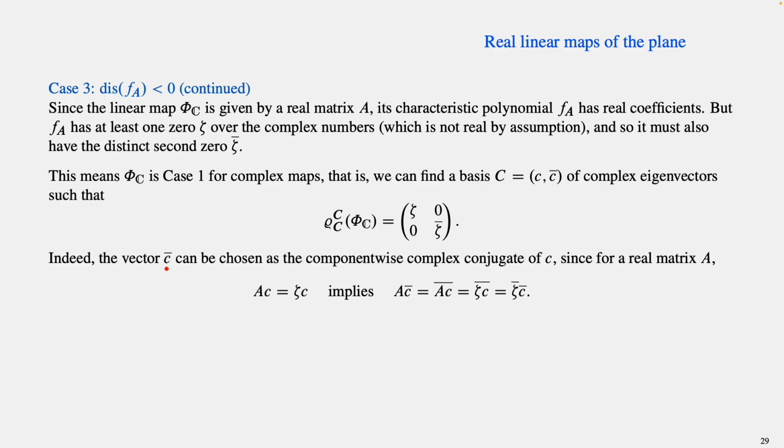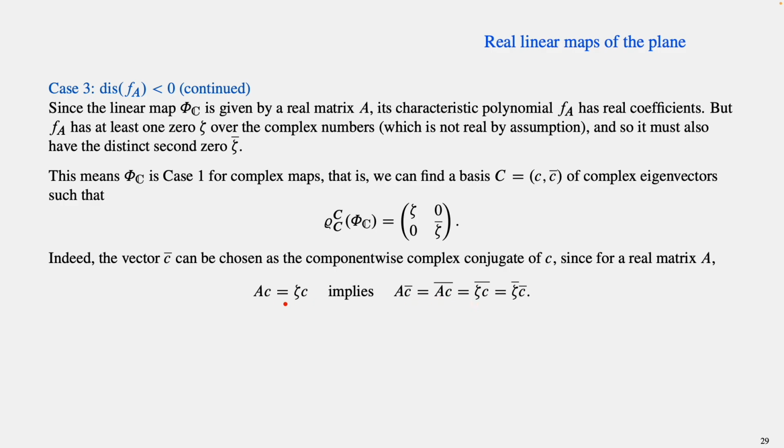And the notation already suggests it. This vector c bar can be chosen as the component-wise complex conjugate of the first vector c. And to see this, observe that for any real matrix A, that's an argument similar to the polynomial now, for any real matrix A, if AC is equal to zeta c, then A times complex conjugate of C is the same as complex conjugate of A times C, because matrix A is real, so conjugation doesn't change it.